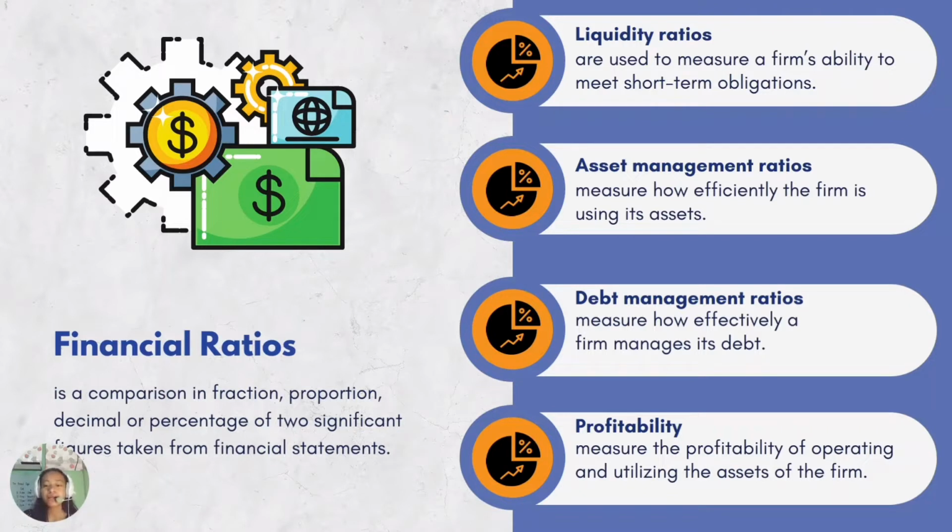This basically means that we are taking figures actually posted in financial statements and comparing them in fraction, proportion, decimal, or percentage. It also expresses the direct relationship between two or more quantities in the balance sheet and in the income statement of a business firm.